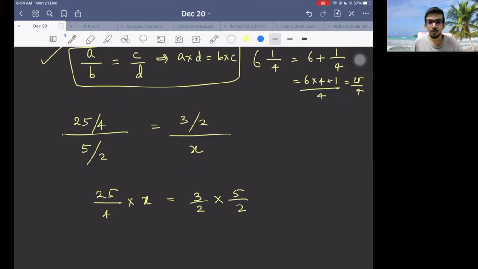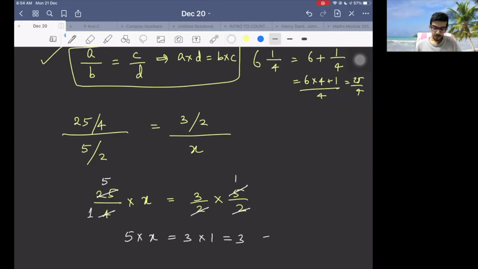Why are you happy now? Because 2 into 2 is 4, which can be cancelled with 4 here. This 5 can be cancelled with 25 here. So you have 5 times x is equal to 3 times 1, which is 3. So your x is 3 by 5.